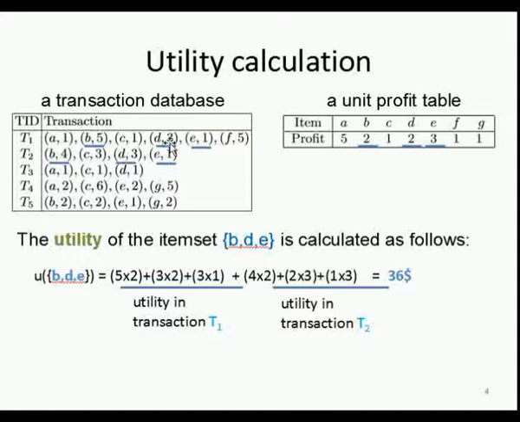Then for D, we have 3 units of D for $2 each, so plus 3 multiplied by 2. And then for E, we have 1 unit of E with a $3 unit profit, so plus 3 multiplied by 1. So this is the amount of money yielded by BDE in transaction 1. We do the same for transaction 2, and we know that the total amount of money in this database for BDE is $36.